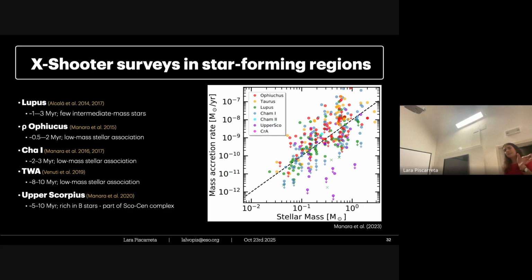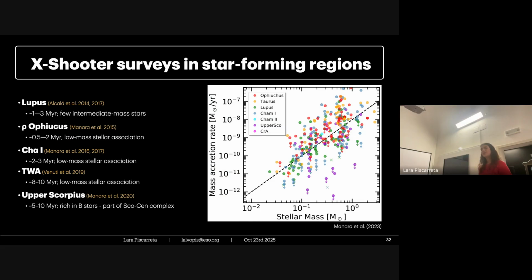So we expect it to correlate positively, although you can see that we have a huge spread, which is still very debated, but it's thought to be physical and not due to observational uncertainties. And the typically reported slope is between 1.6 and 2, whereas the spread is between 1 to 2 dex, more or less, so it's huge.